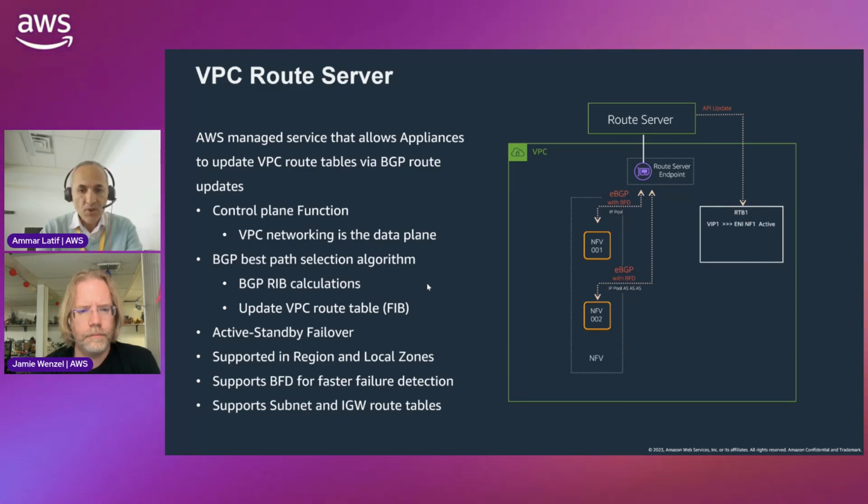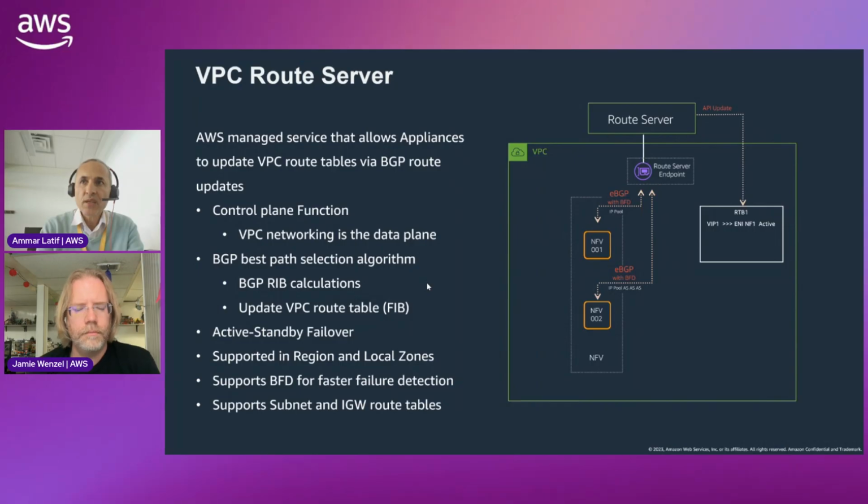Once it is programmed in the VPC route table, our VPC networking handles the actual forwarding of packets. So you don't have a bottleneck in processing of packets. You are influencing the control plane. You are influencing the RIB.